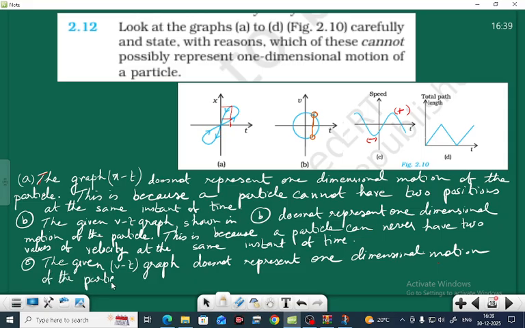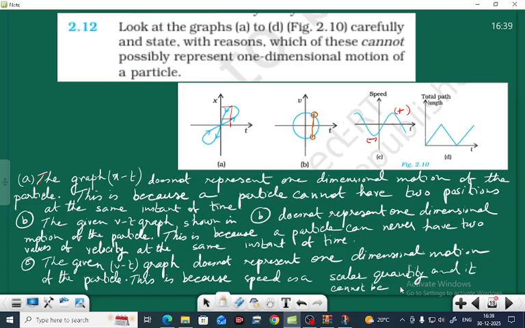What is the reason? This is because speed is a scalar quantity, and it cannot be negative, right?